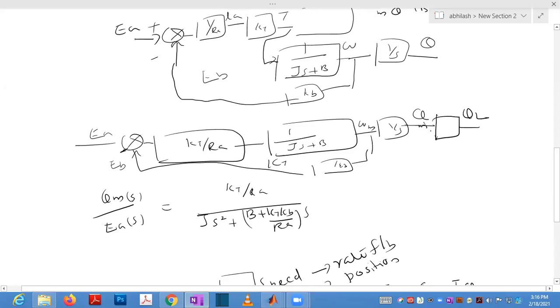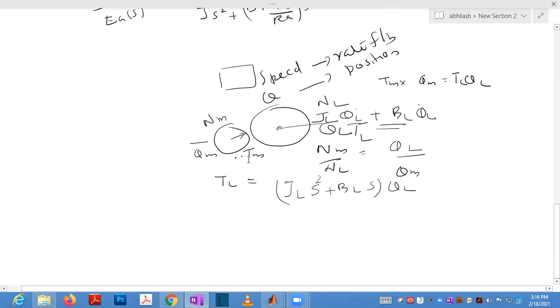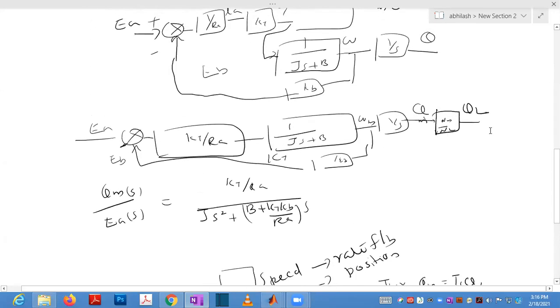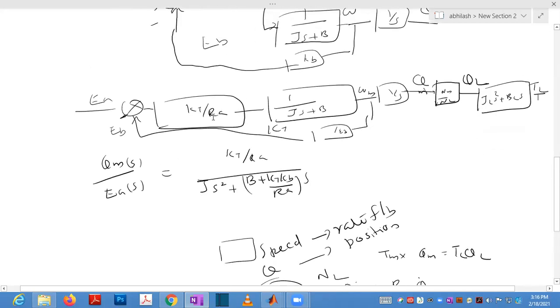You have to multiply it by Nm by Nl. This theta L multiplied by this quantity will give you theta L. Then you multiply that with JL s squared plus BL s, which will give you TL, the load torque, and that torque is coming here only.